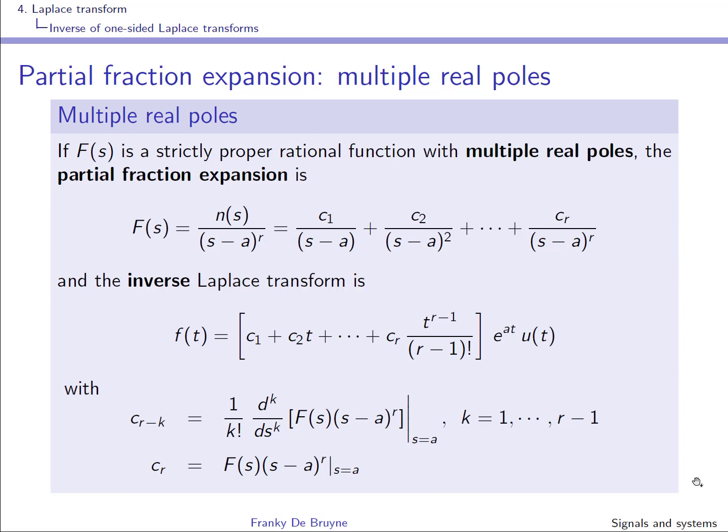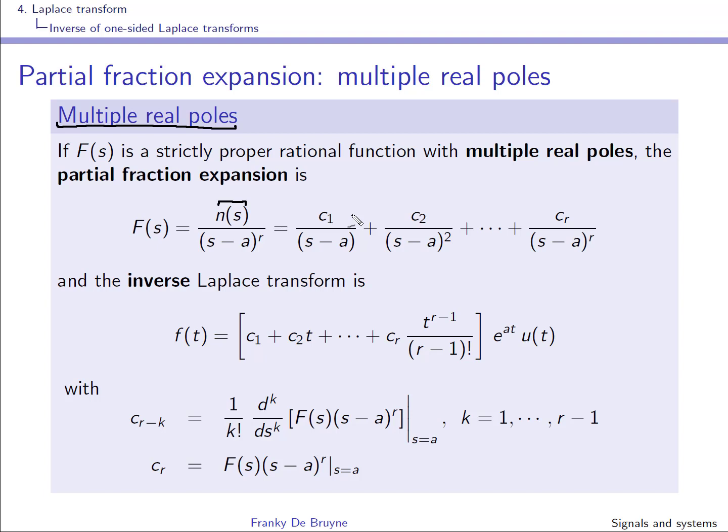Okay, let us consider the case now of multiple real poles. So again we assume that F of s is strictly proper and that it has multiple real poles. So this means that the degree of N of s is at most r minus 1.